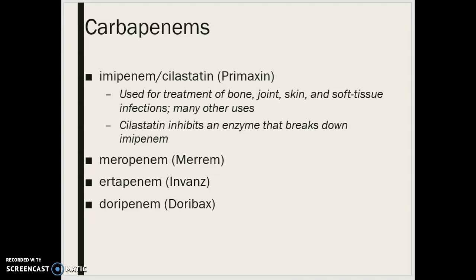The imipenem can actually cause abnormal liver function tests, thrombophlebitis, and then, of course, the seizures that we talked about. The cilastatin helps us to avoid nephrotoxicity, but it's needed to break that medication down.